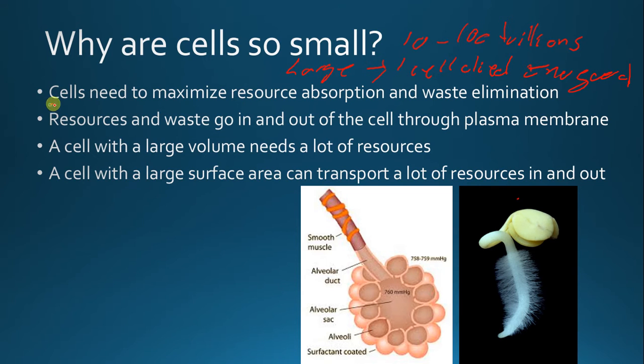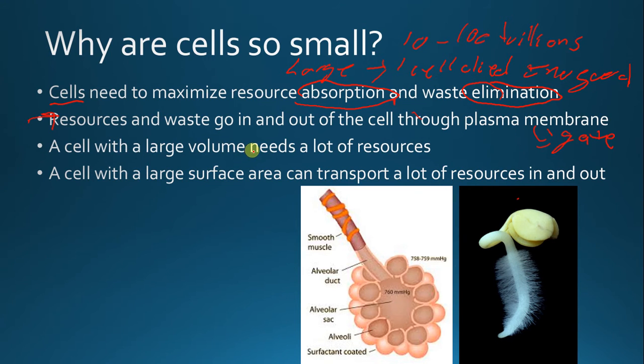But also, cells need to maximize the resources they absorb and the waste they eliminate. And as we'll talk about later in this section, resources and waste go in and out of the cell through the plasma membrane. It's kind of like the gate. So, all the waste and all the resources, they have to go back and forth across the plasma membrane.